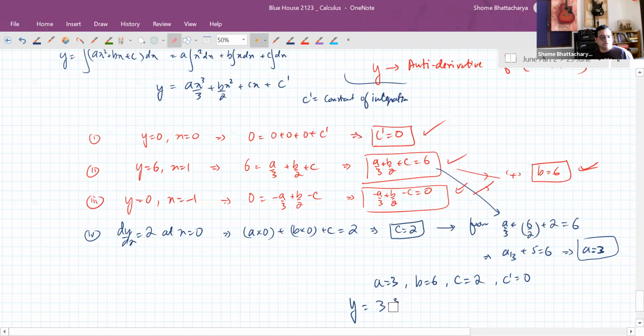So this will become x cubed. Yeah. Plus b by 2 x square, so that will become 3x square, plus cx, so that is 2x, plus d. And dy by dx, which is the derivative of this, will become 3x square plus 6x plus 2. So you can see that all these conditions are satisfied now.